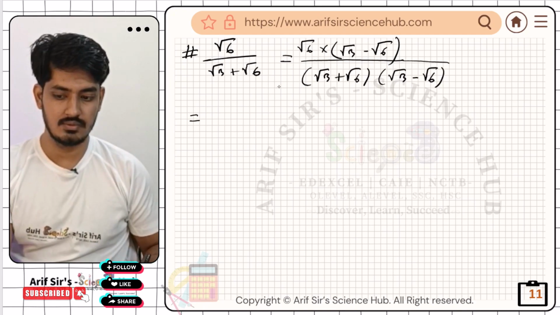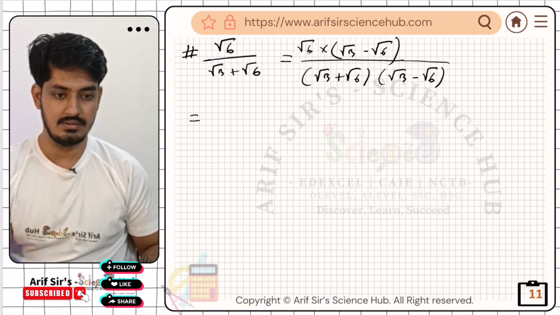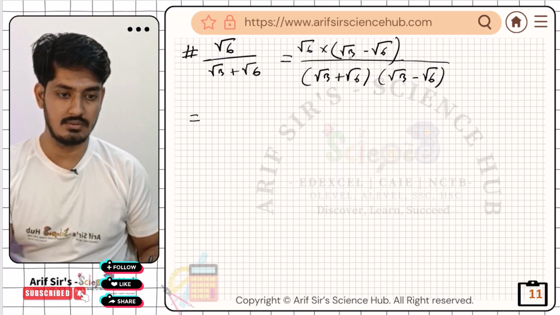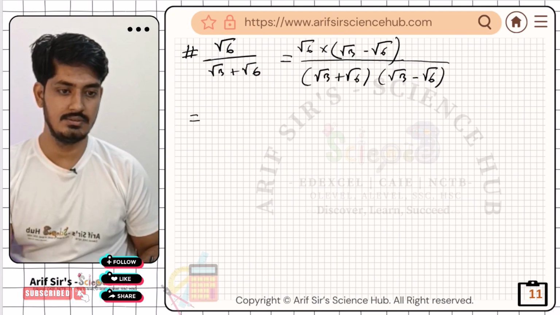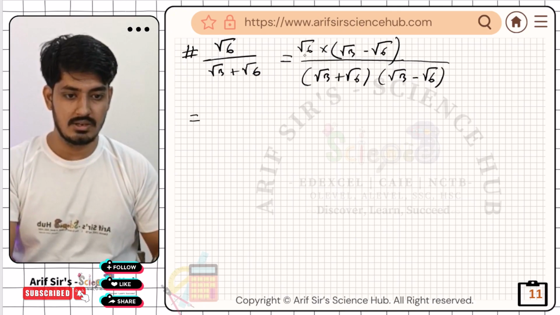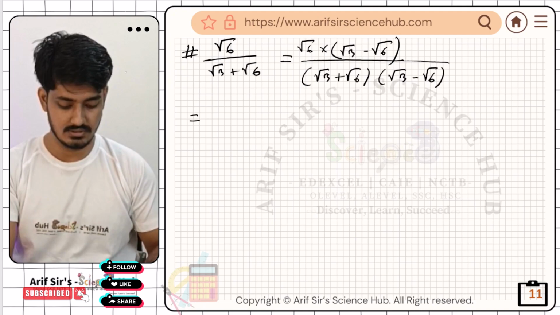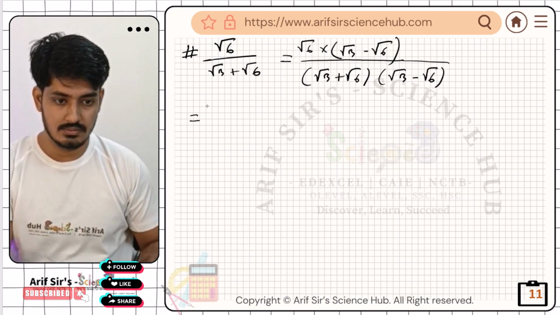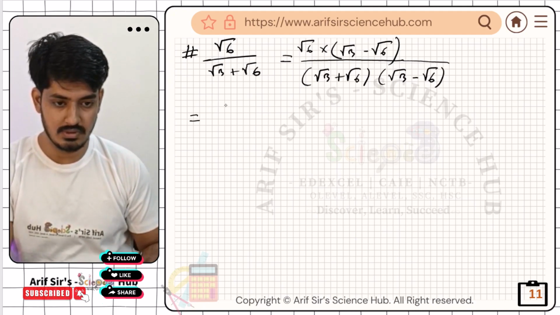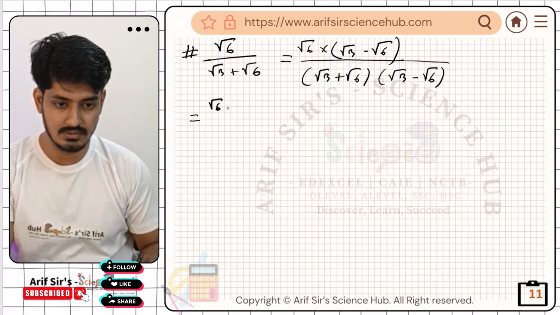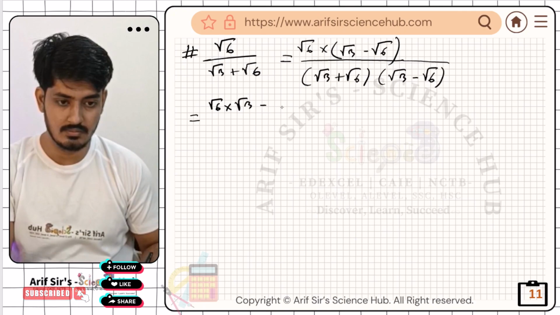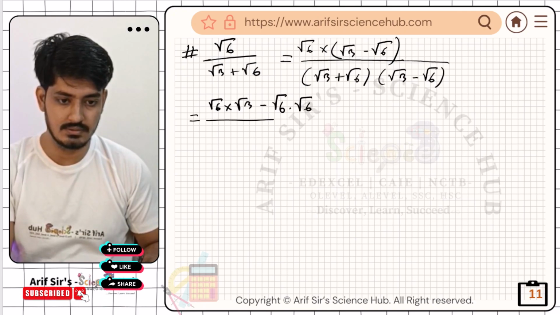So now we have to multiply this root 6 with root 3 minus root 6, okay. So if we multiply this root 6 into root 3 minus root 6 into root 6.